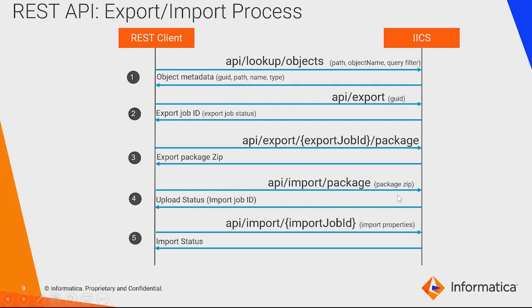Then you get the import upload status. So you upload the zip file first, and then you'll have the actual import. That package call is just doing the upload to Informatica Cloud. So you get the import job ID, and then you do the actual import using the job ID. So that's your end-to-end REST calls. I think there are 5 main calls.